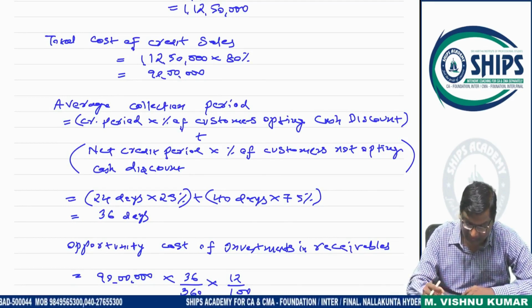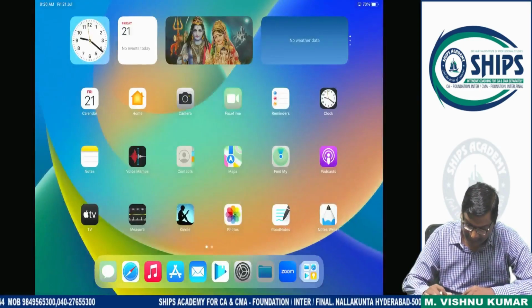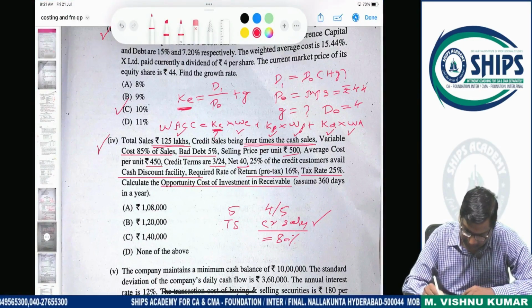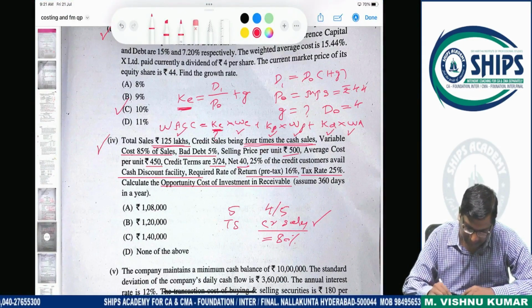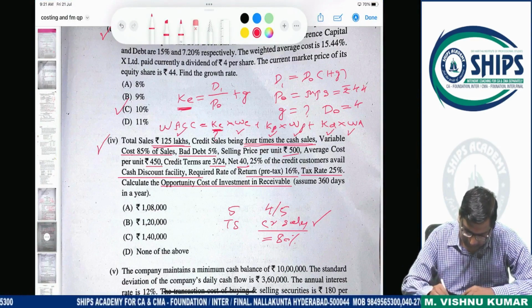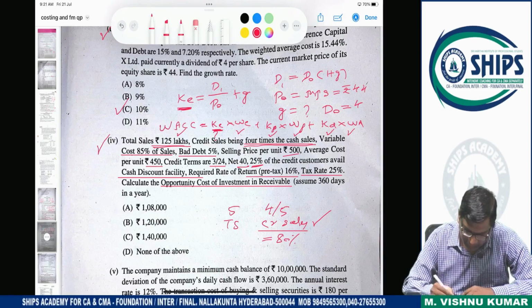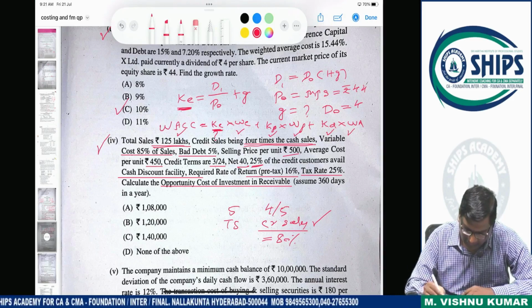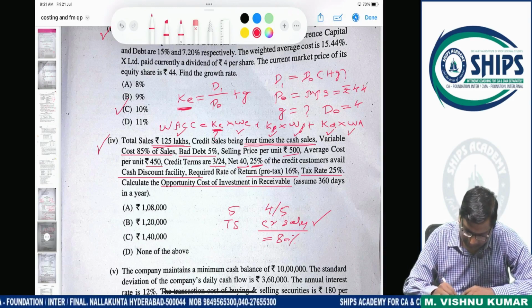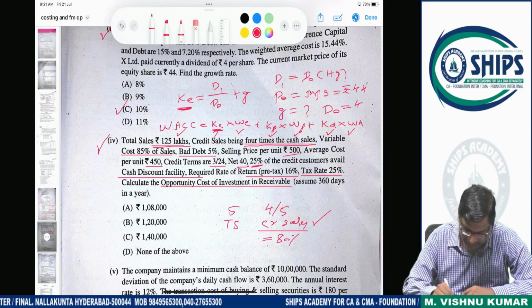Because some customers are opting for the cash option, some for the non-cash option. 25% of customers are availing the cash option, so the remaining 75% are not. It means the 25% who opt for the cash option will pay the amount in 24 days.